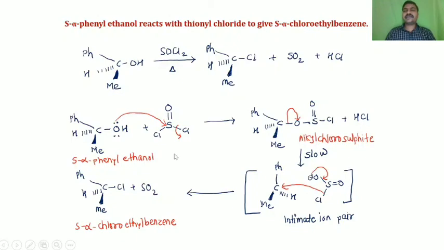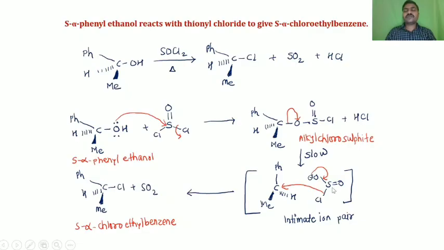So this is the mechanism of the SNi reaction. First, the OH attacks the thionyl sulfur of thionyl chloride and forms alkyl chlorosulfite. Then this slowly undergoes dissociation of the C-O bond and forms an intimate ion pair.